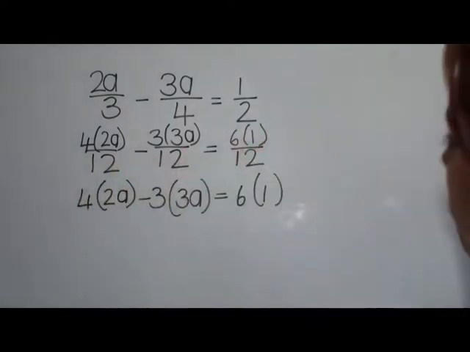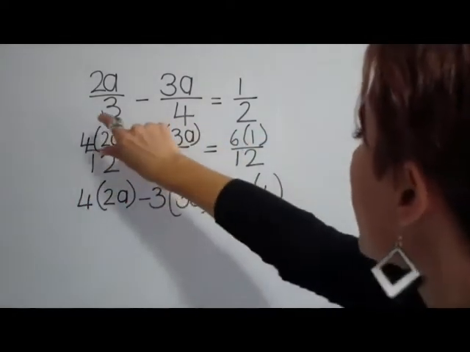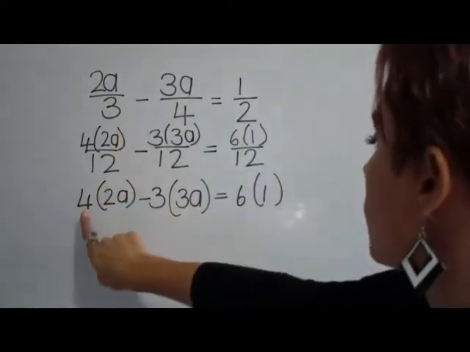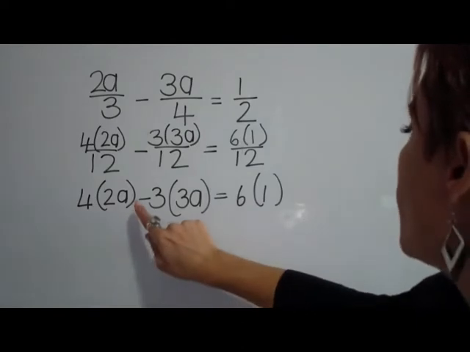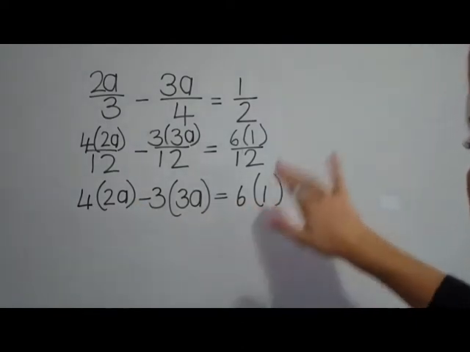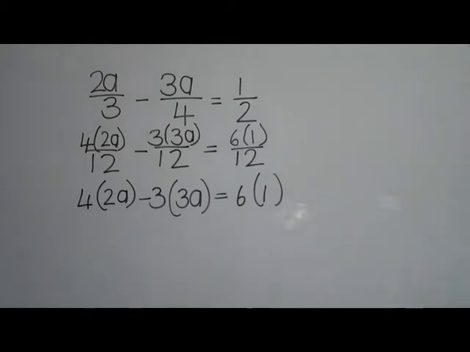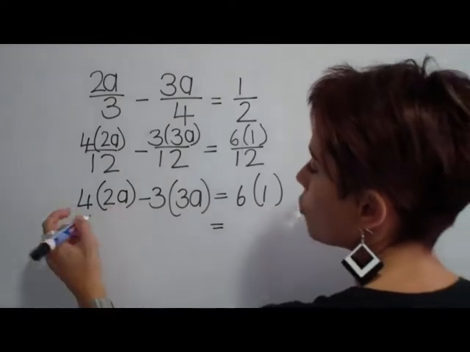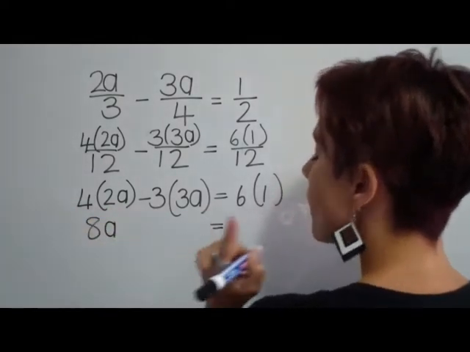So, the denominators fall away, and I literally write what I have left for the numerators. So 4 must be times by 2a, then we've got a negative 3 must be times by 3a, and then a 6 must be times by 1. Now I times in and I simplify. Okay, 4 times 2a, that's 8a.